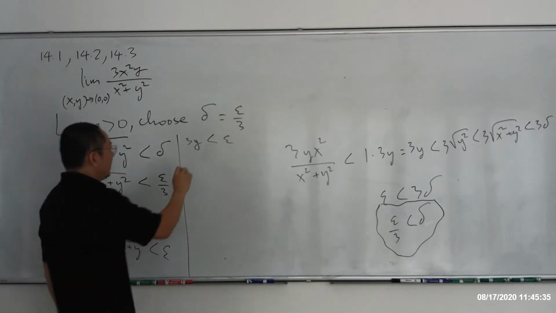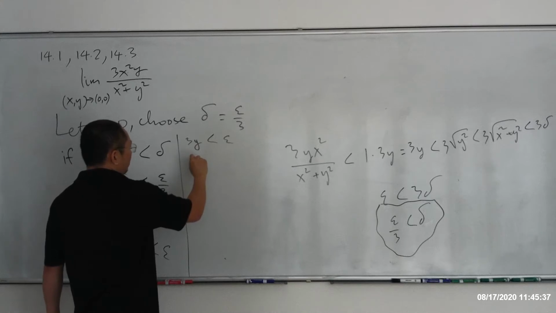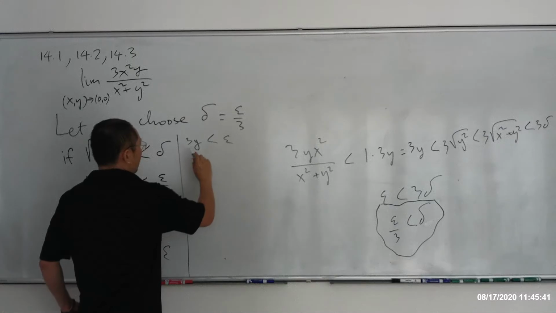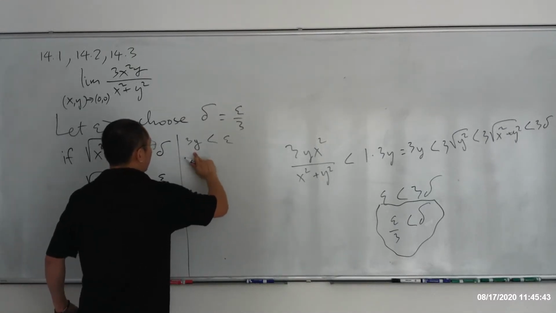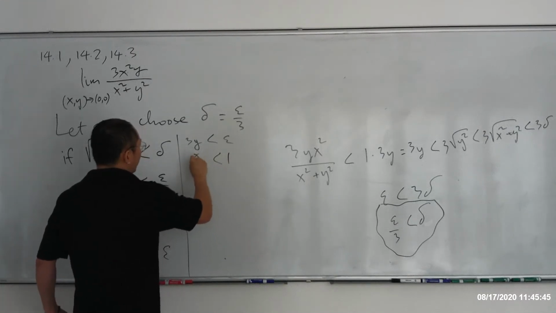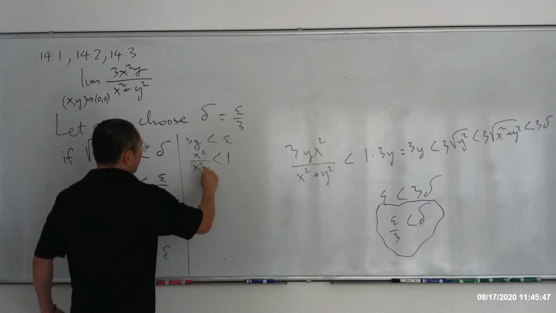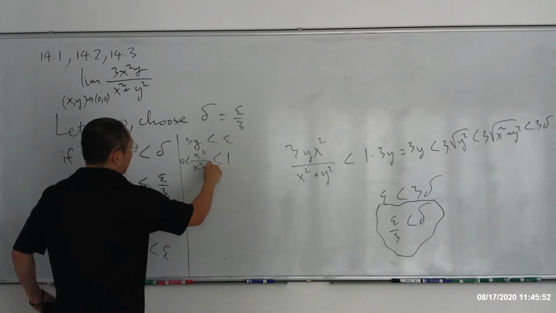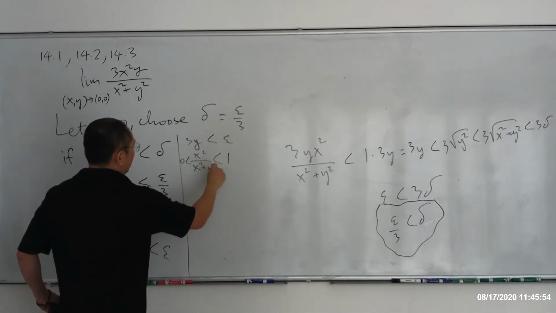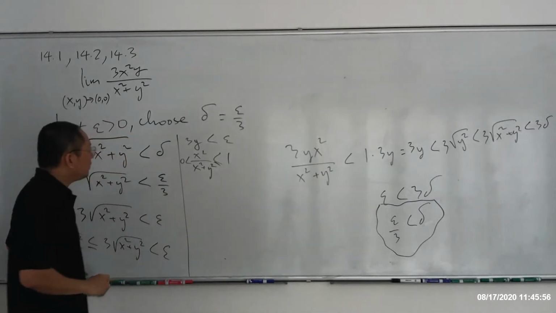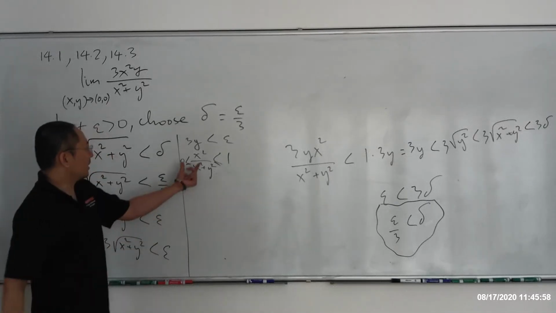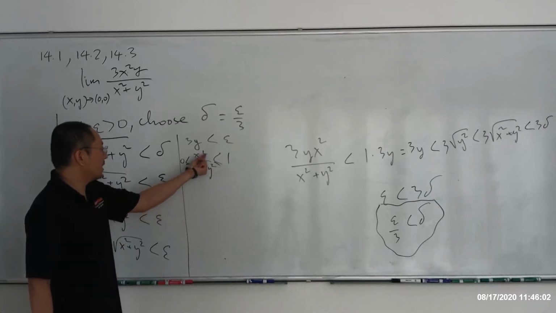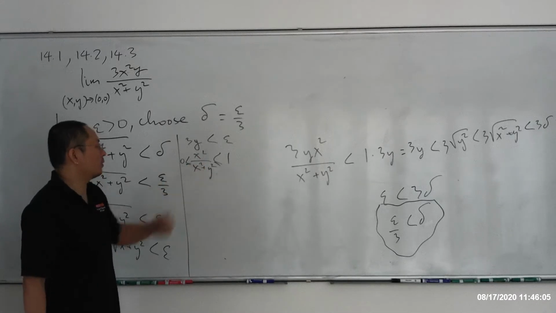Together with this, 1 is greater than or equal to x squared over x squared plus y squared, which is greater than or equal to 0. This amount is always between 0 and 1, because x squared and y squared are all positive, but x squared is less than or equal to x squared plus y squared.